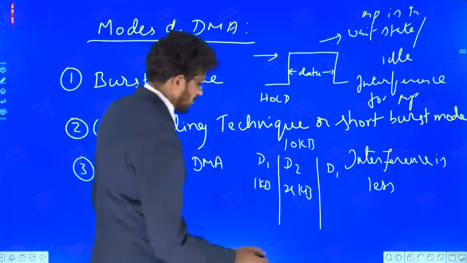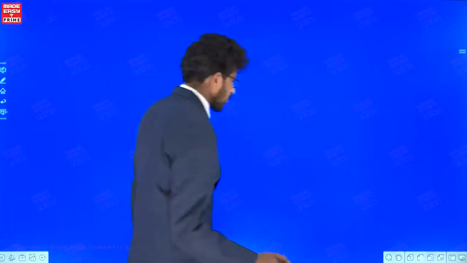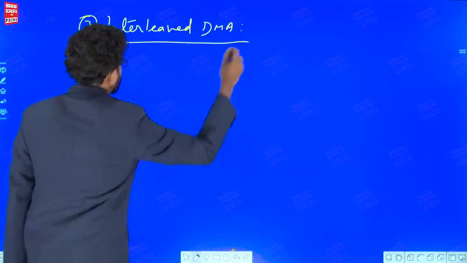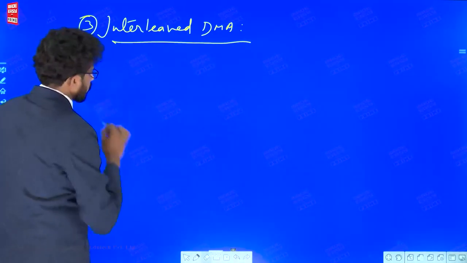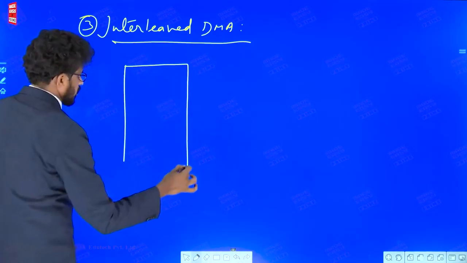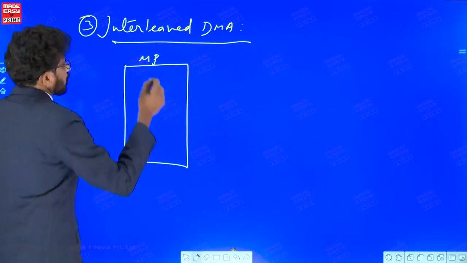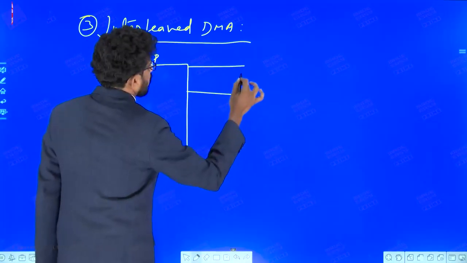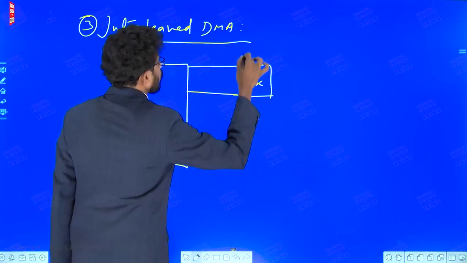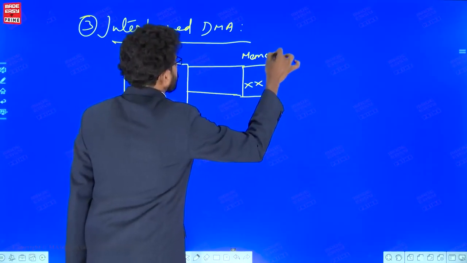In case of interleaved DMA, the buses of the processor, see, this is called interleaved DMA. What happens here is, for example, say the processor is present here, memory is here, assume some opcode in the memory, some instruction is there.